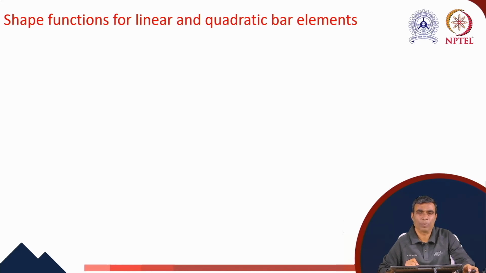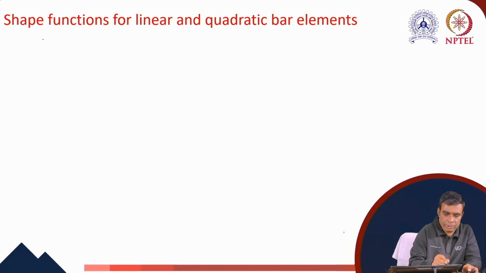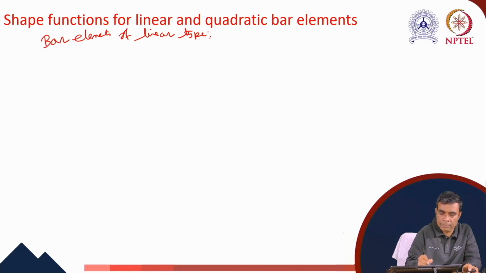Now, we provide a little more information about the shape function of bar elements. To this end, we shall consider the linear and quadratic bar elements. So first we consider bar elements of linear type, 2-noded bar elements.